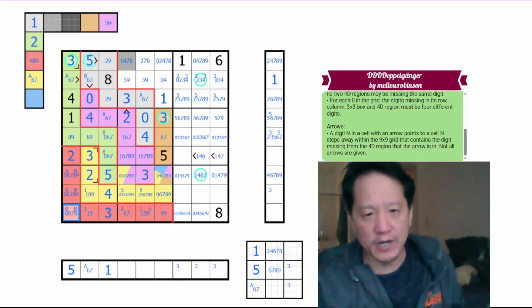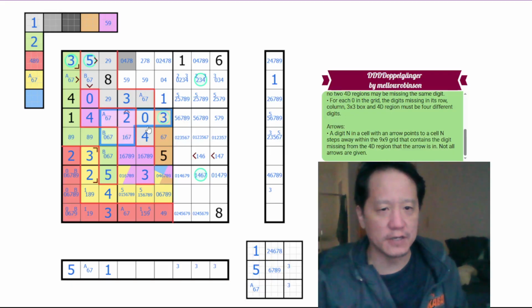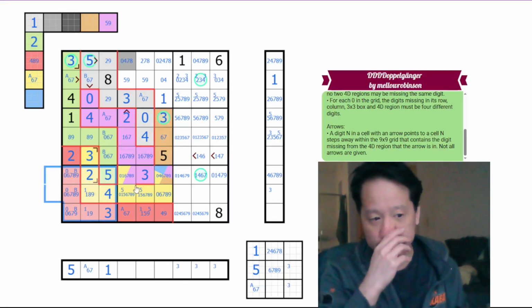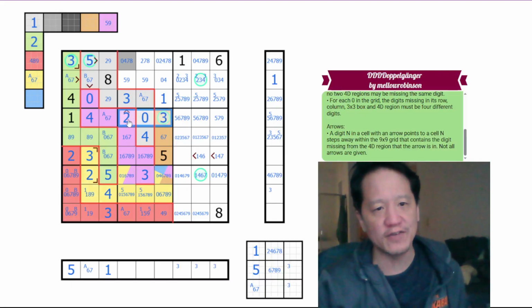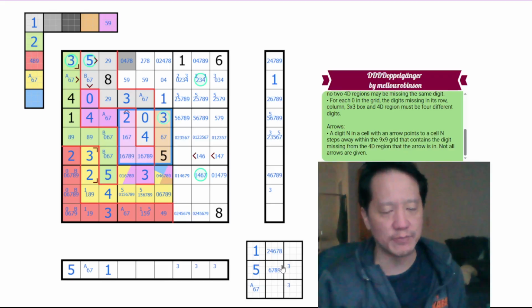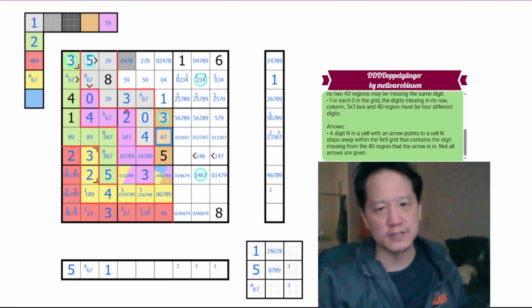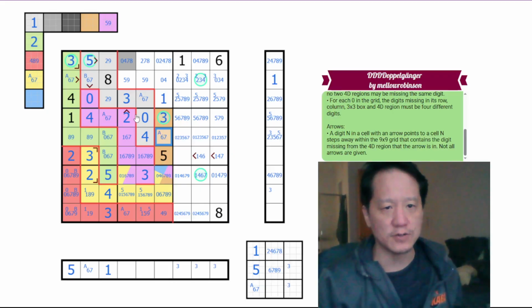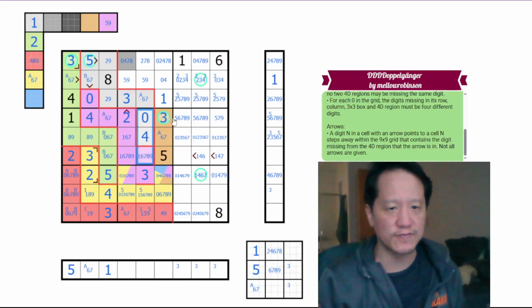Ah, box 5 cannot be missing the A67 because box 7 is missing that. Since box 7 is missing the A67, box 5 has to contain the A67 because it can't be missing that. So this must then be the A67 because the only place that it can be is in box 5.